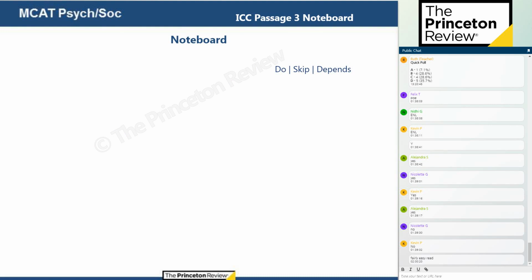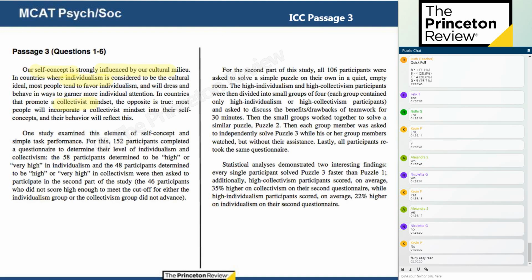So we've got self-concept and collectivist, individualist culture. That's what we're going to be talking about.